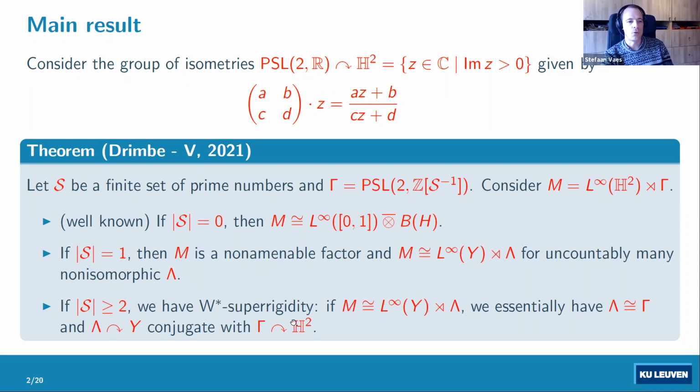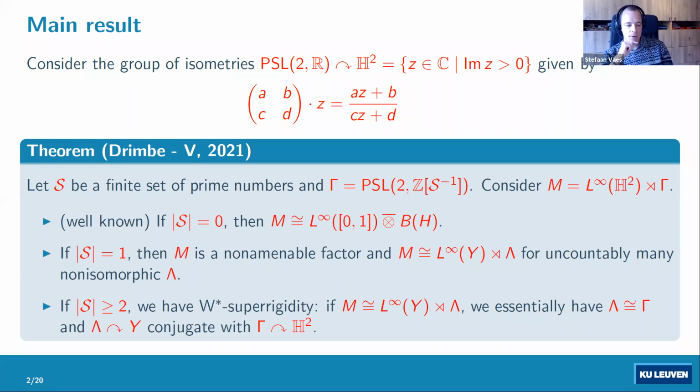And we can actually prove that in that case, if that von Neumann algebra happens to be realized in any other way as a crossed product, essentially the groups must be the same and the actions must be the same. Essentially here is hiding that we can do some induction. But that's really essentially it, recovering the group and the action from the II-infinity factor.